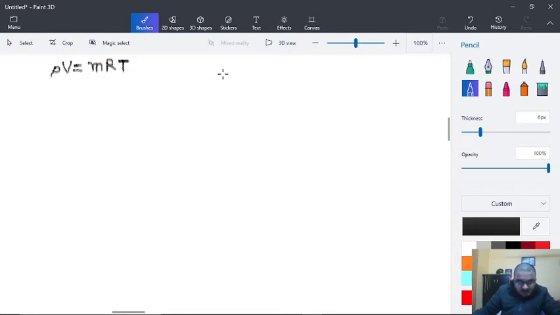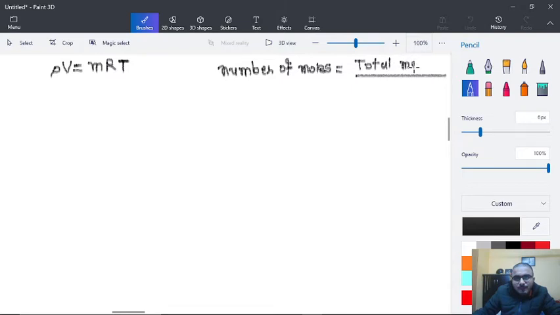So the number of moles is equal to the ratio of total mass and molecular mass.